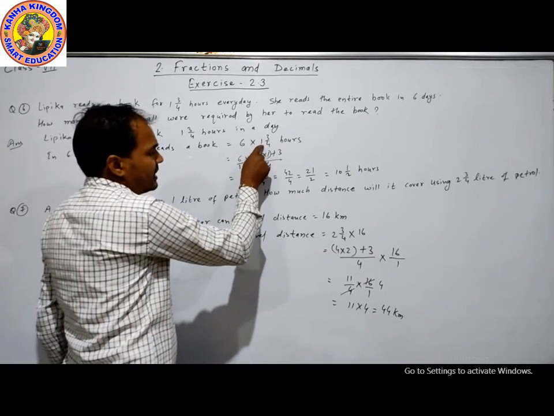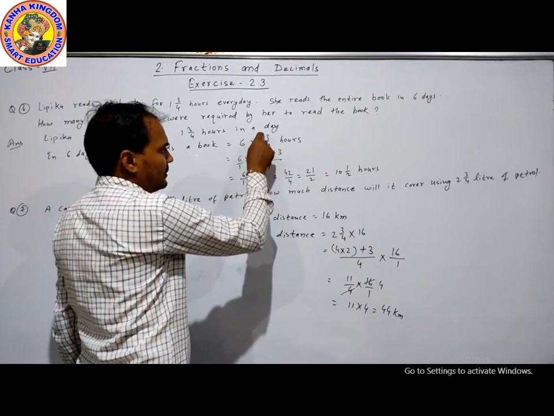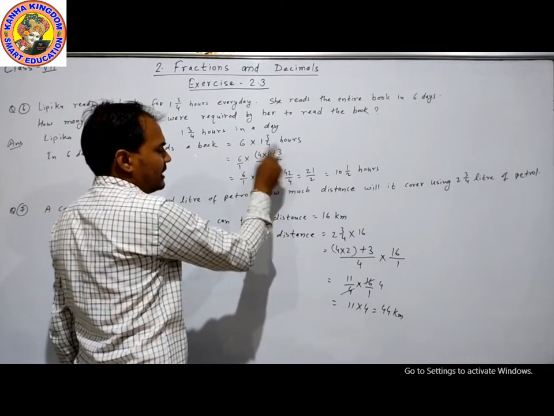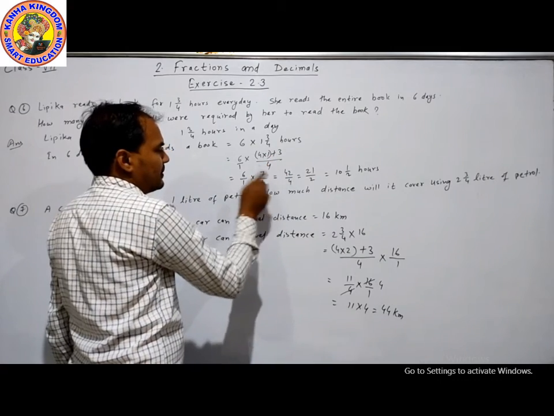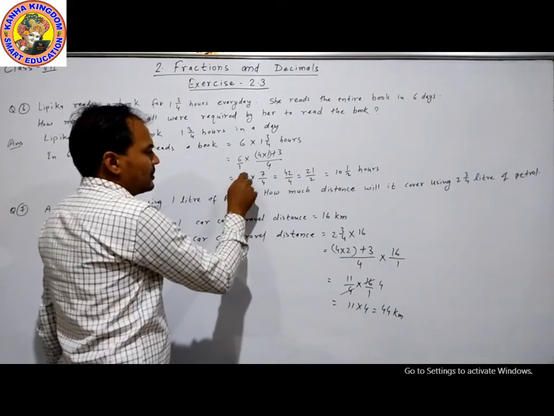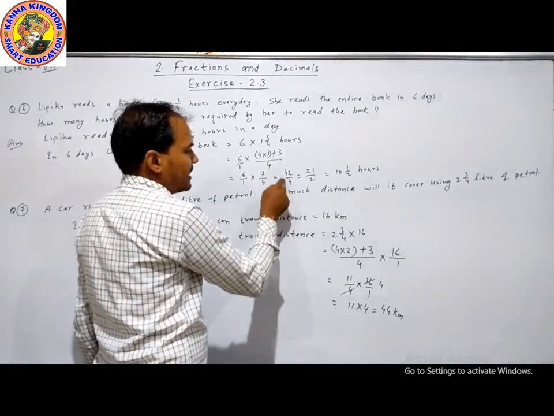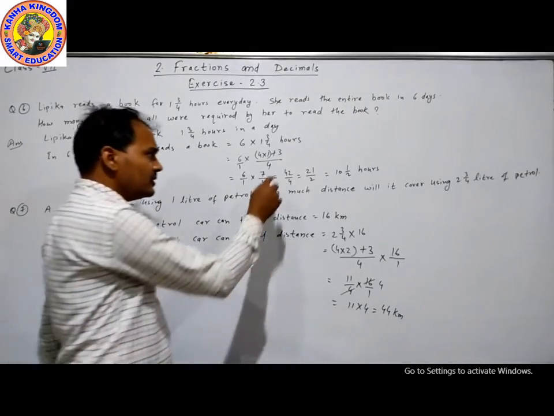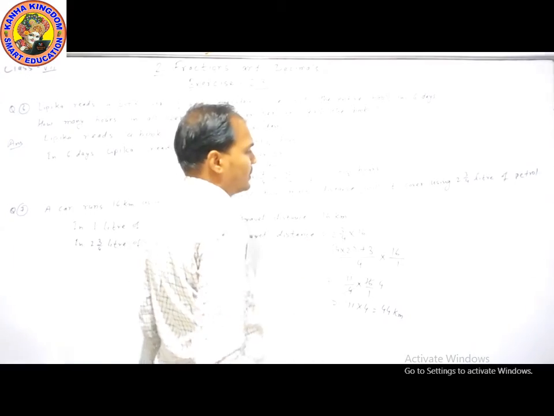You can change this mixed fraction number into a fraction number. 4 into 1 then plus 3, 4 plus 3 is 7, 7/4. This is 6 and this is 7/4. 6 into 7, 42, 1 into 4, 4. You can cut these numbers by 2. By dividing by 2 we get 21, by dividing by 2 we get 2.